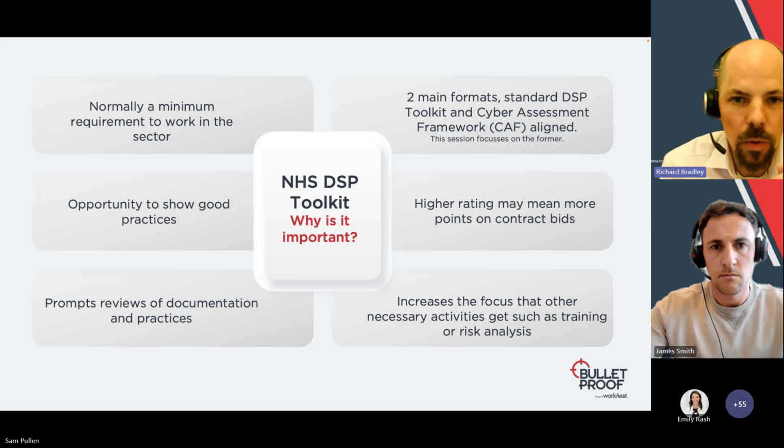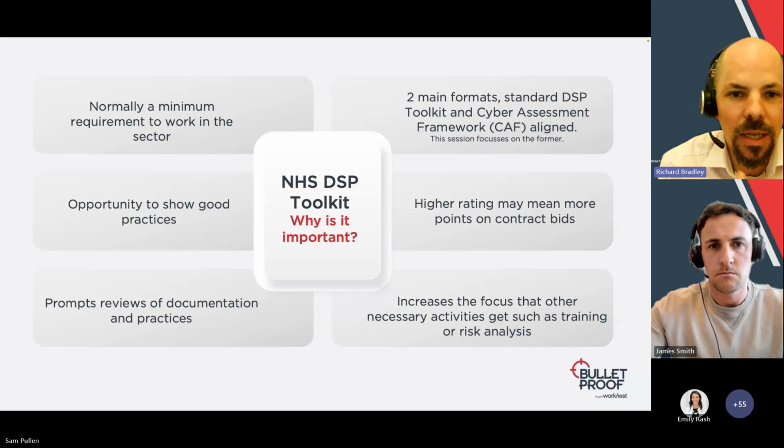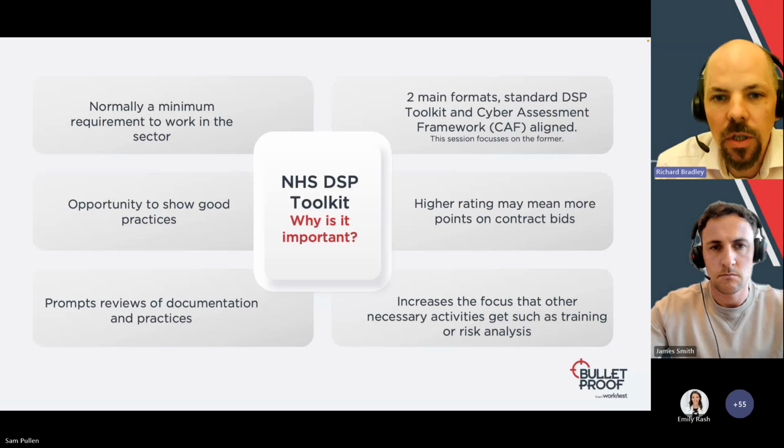But from this year onwards, NHS trusts, foundation trusts, those providing acute mental health, community and ambulance, who are trusts, integrated care boards, commissioning support units and arm's length bodies all need to complete the new format, which is over 200 questions.